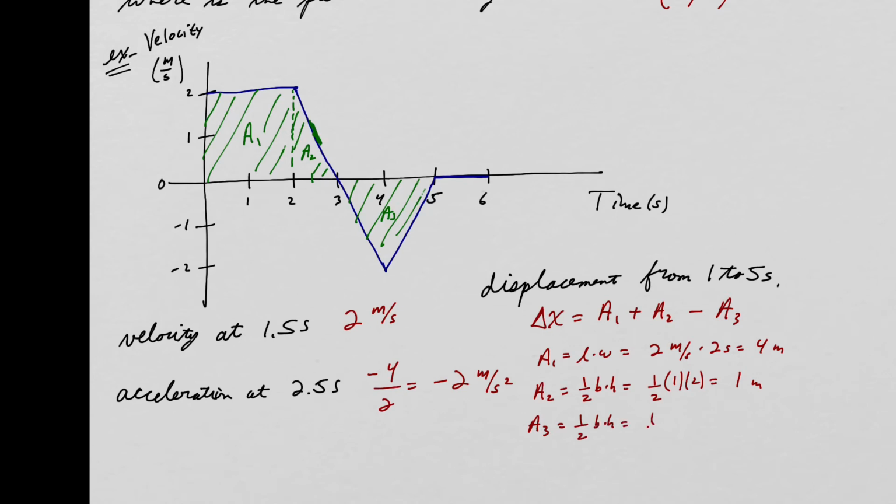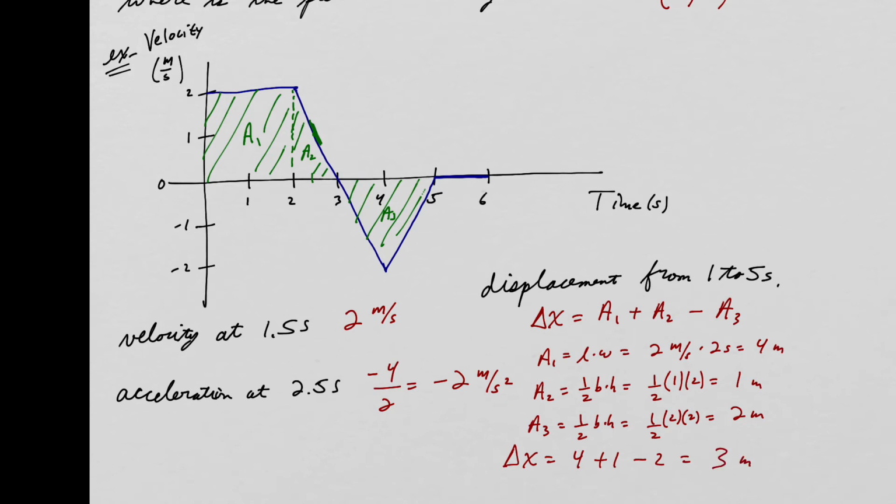In this case, it looks like the base is 2, right? And the height is 2. So 1/2 times 2 times 2 is equal to 2 meters. So my displacement will be 4 plus 1 minus 2. So that'll be 3 meters.